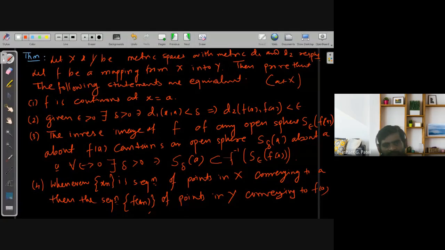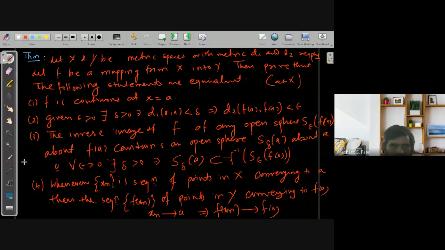That means xn converges to a implies f(xn) converges to f(a). Ultimately, what this says is that under a continuous function, convergence is preserved. That means if xn converges to a, we can say that f(xn) also converges to f(a).